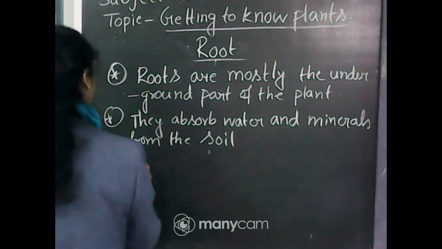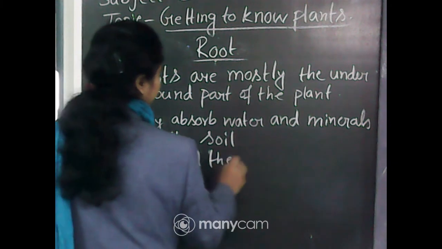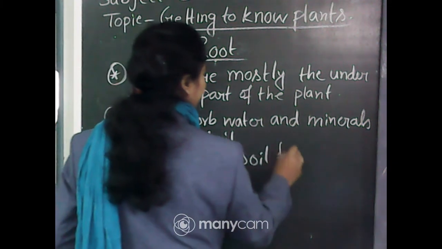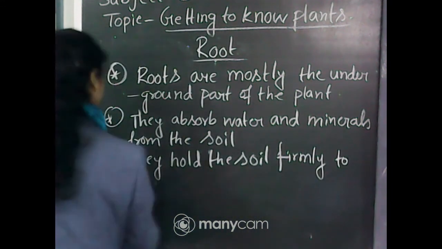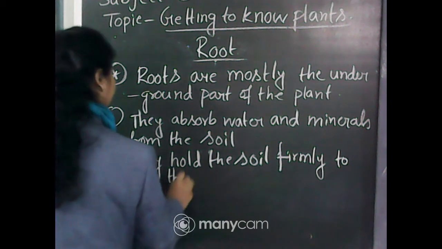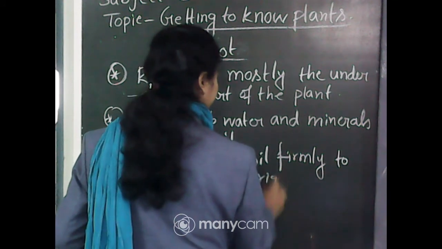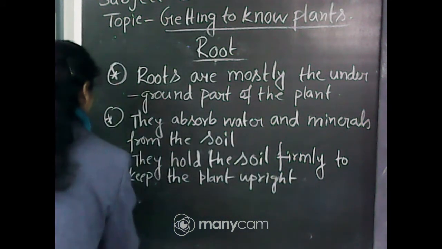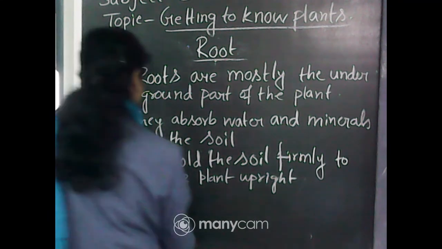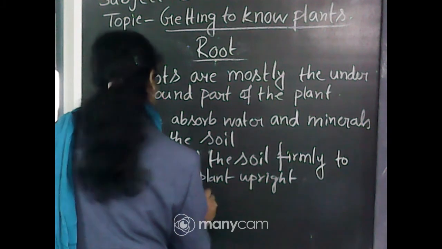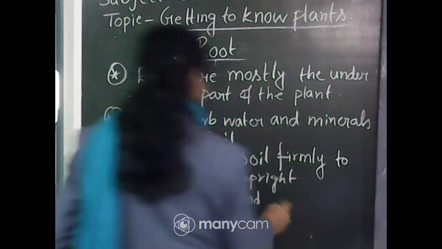Third point, they hold the soil firmly to keep the plant upright. And fourth point, some roots store food and become plump.